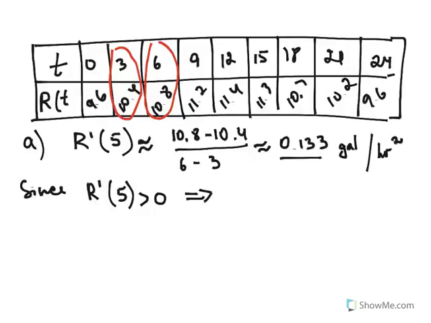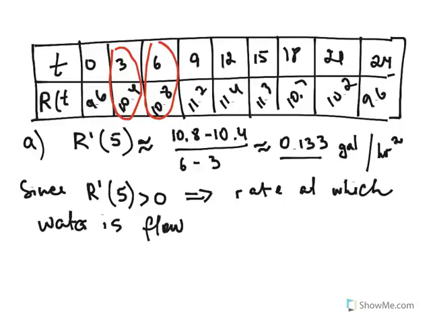Then the rate at which water is flowing out of the pipe is, now since the derivative is greater than 0, then we know that this rate is increasing.